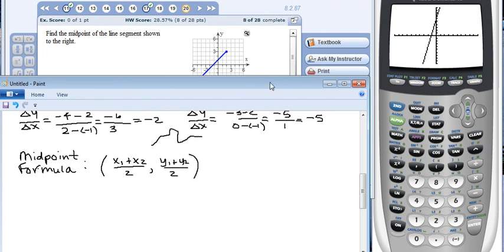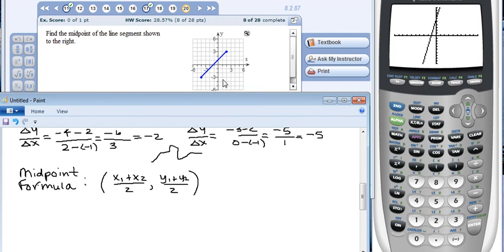Okay, let's look at what we got up here. What is this point here? Well, we are over -1, 2, 3, so we got -4, -3. That's one point. The other point that we've been given is 2, 3.